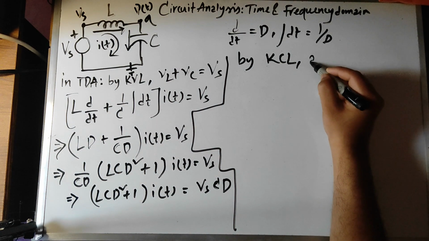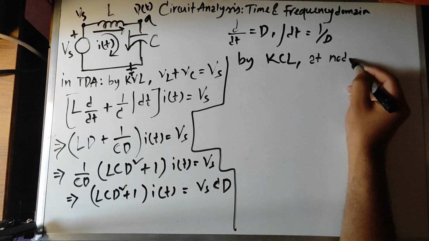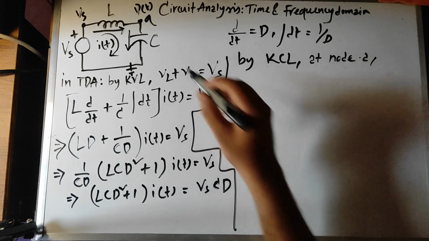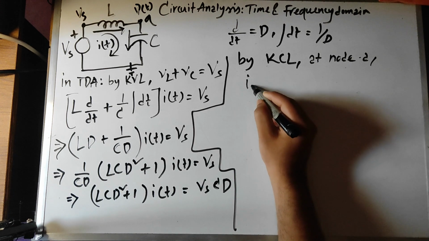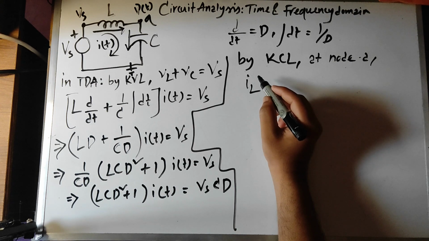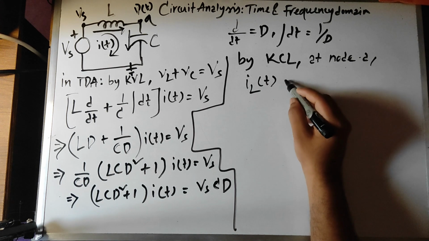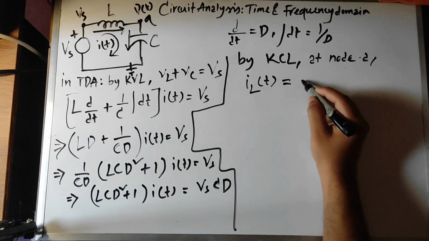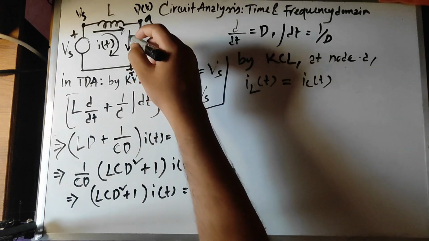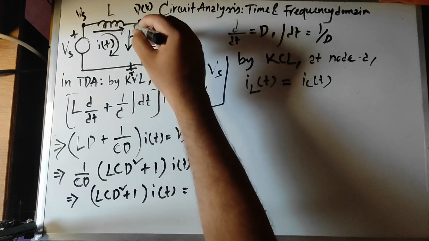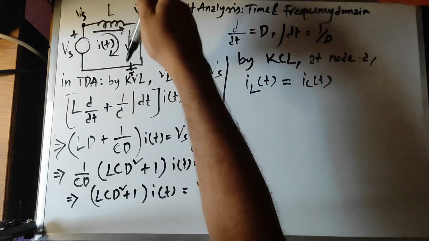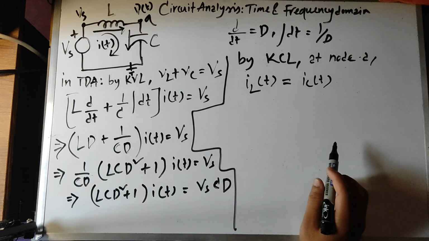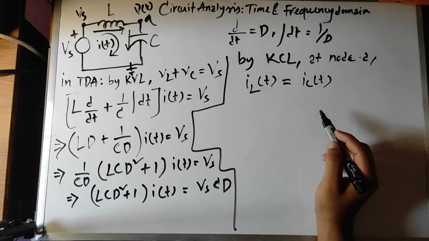So at node A, IL, the current through the inductor, is equal to the current through the capacitor IC. This is obvious: current is going into node A, and IC is going away from node A. So this is the basic equation.